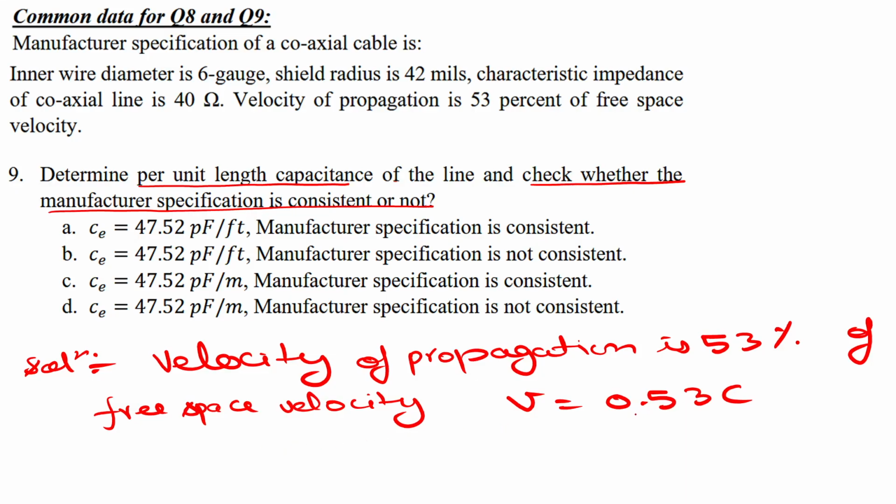From this, we can find the relative permittivity of the material between the two conductors. Velocity in a medium is given by c by under root epsilon r, because it depends on the relative permittivity of the material. If it is free space, V is equal to c. But if it is a dielectric material where epsilon r is not 1, the velocity will be less than the speed of light.